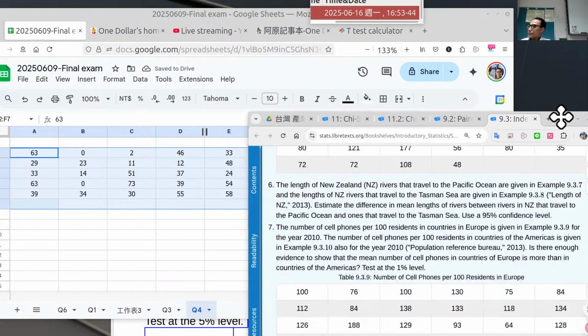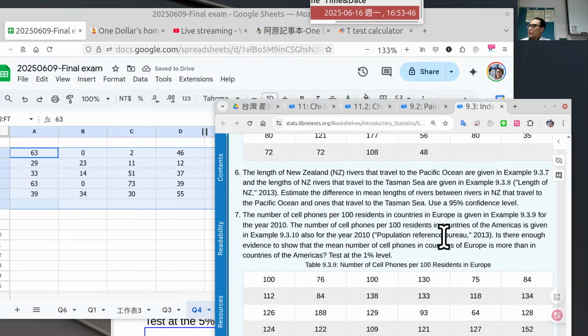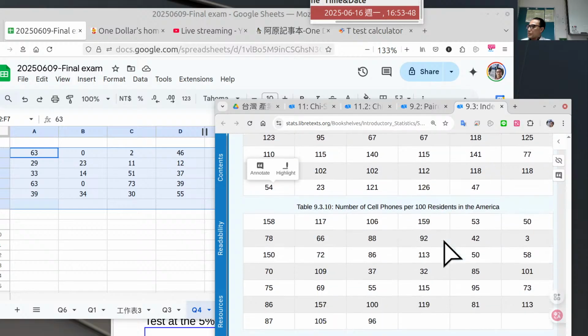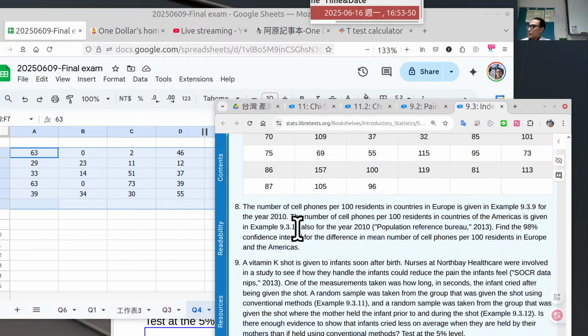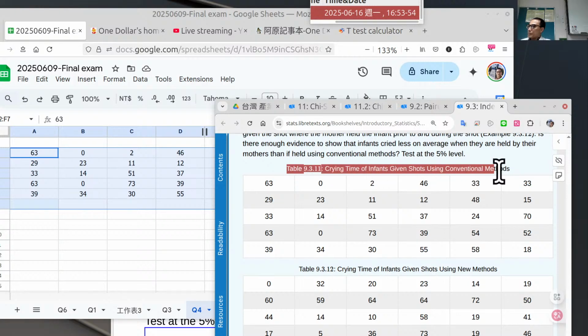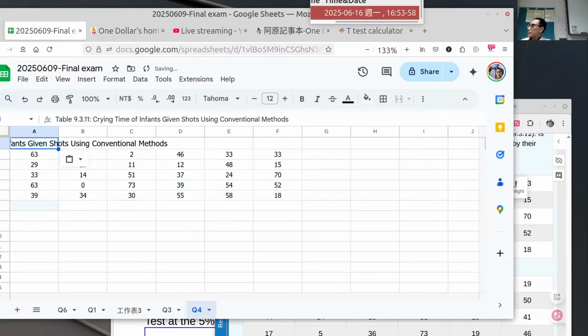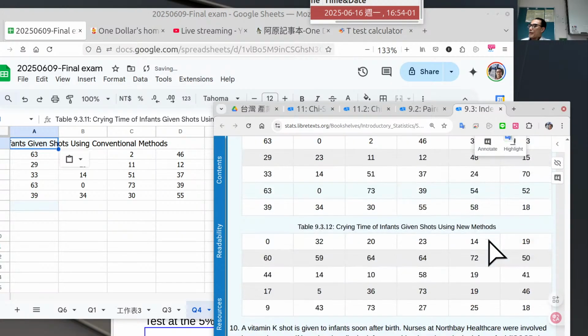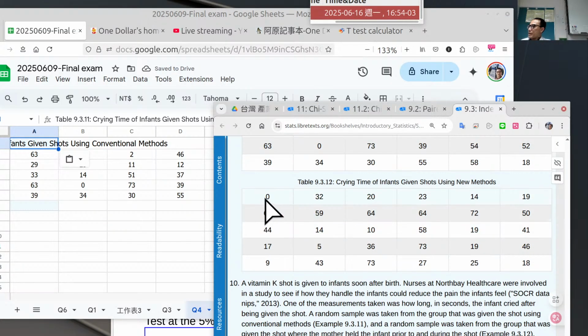Conventional. And the second one is new method.